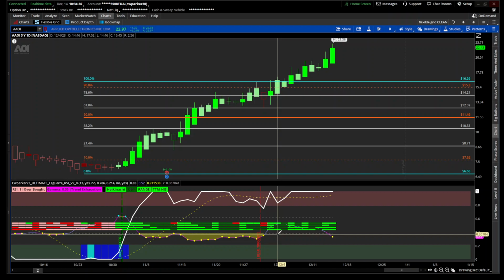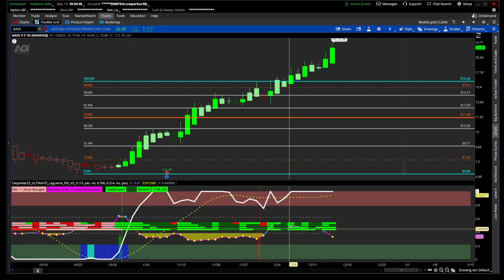But the indicators I added into this indicator are the Heikin Ashi, On Balance Volume, the range indicator, and the TTM histogram. And that's what you're seeing within these bars. They fluctuate just like the MACD, from bright green, dark green, pink, and bright red.